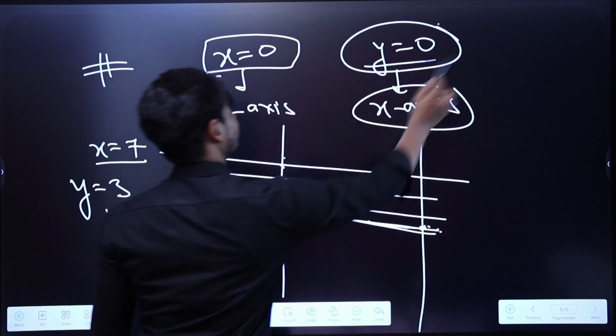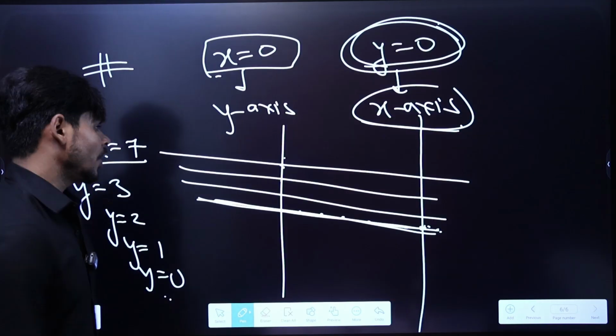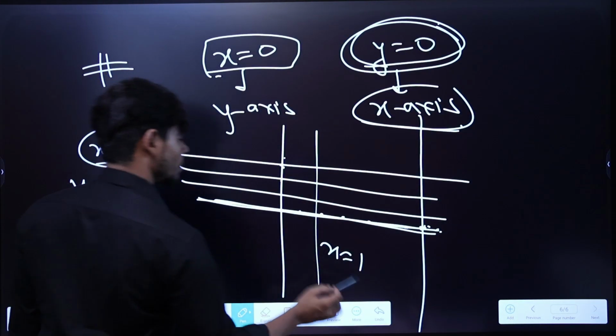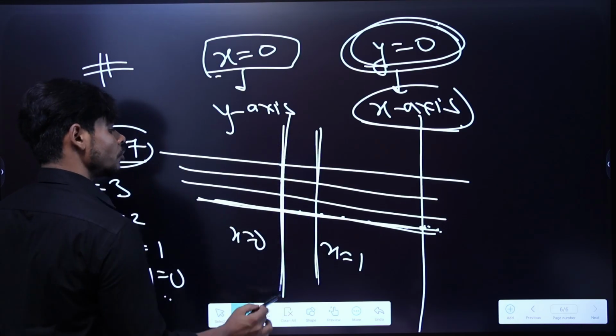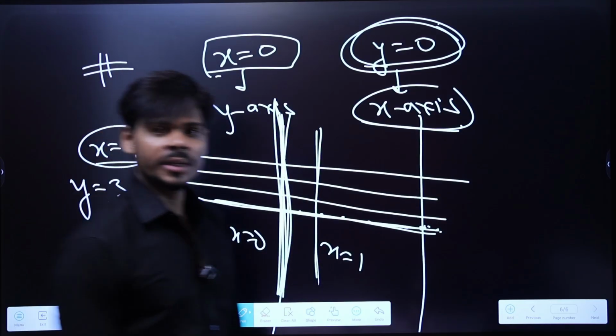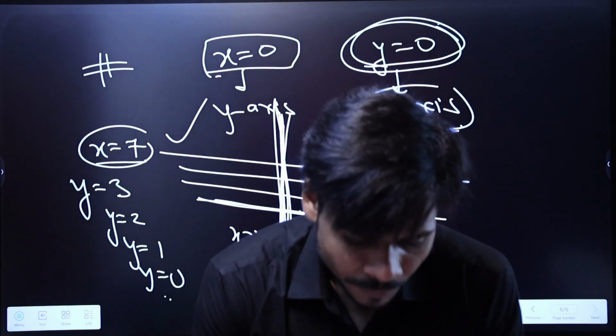So if we take y as 0, it is actually the x-axis. If I take x is equal to 1, this is your x is equal to 1. If we take x is equal to 0, this is the y-axis. Got it? Very, very, very important concept that we will use in the questions.